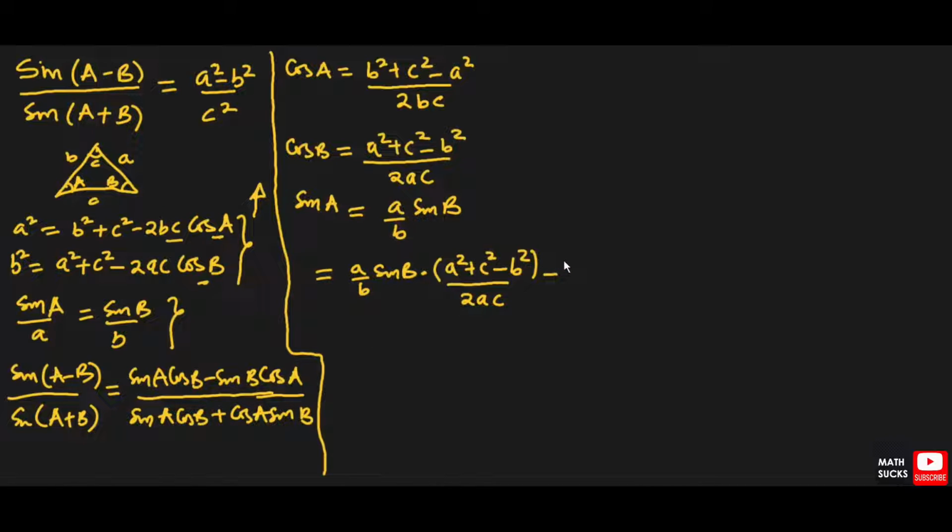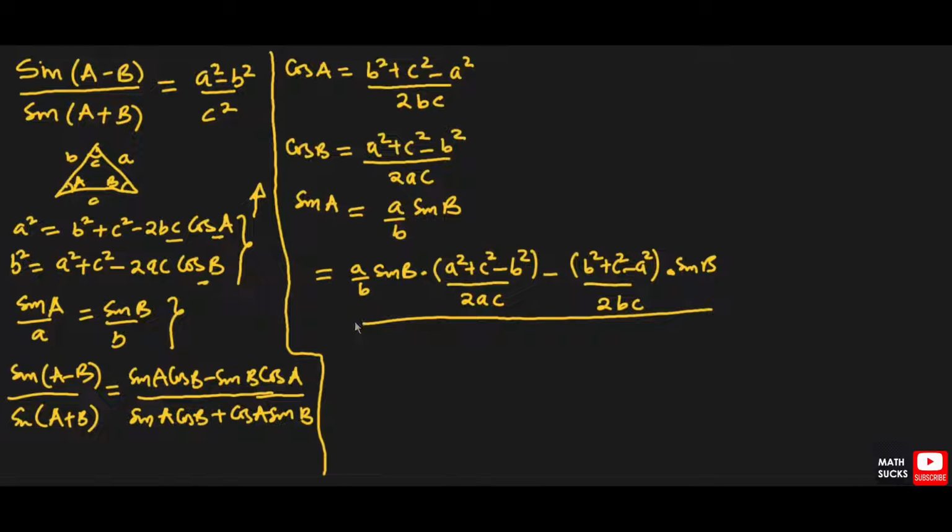We don't have it, but you can keep it, but you have cos of A. Cos of A is already up here, so this is going to be B squared plus C squared minus A squared over 2bc, then multiplied by sine of B. Just keep it. Then everything is divided by the same stuff but with a plus sign.